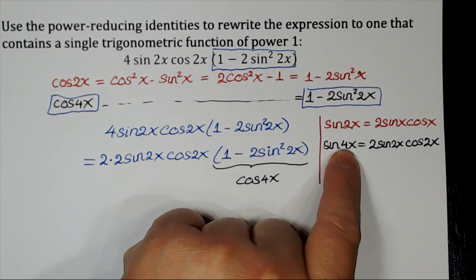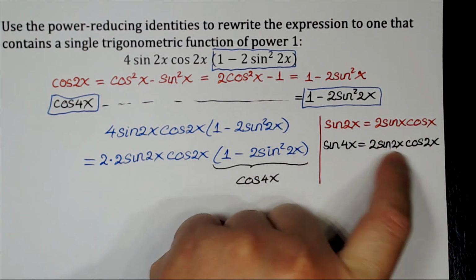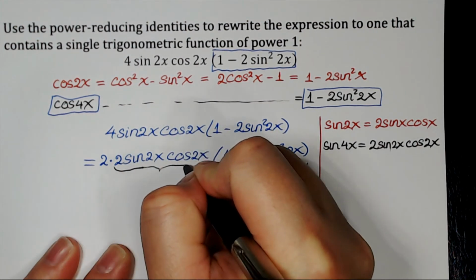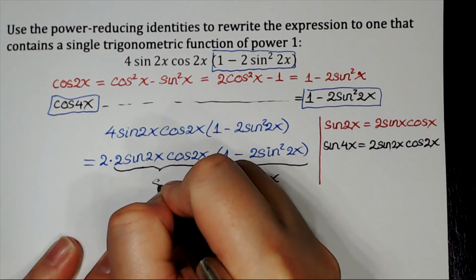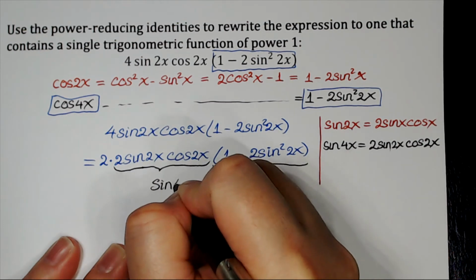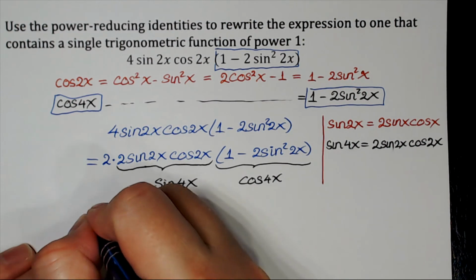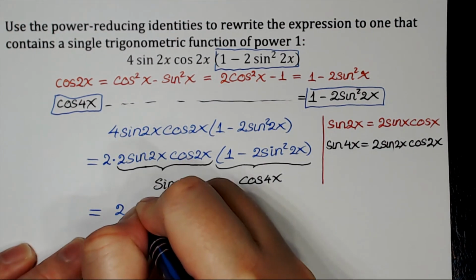On this problem, we will try to simplify this into only a single trigonometric function of power 1. Right. So first we see we only need to reduce this. So that looks like the cosine square, like cosine 2 theta, like we did before.